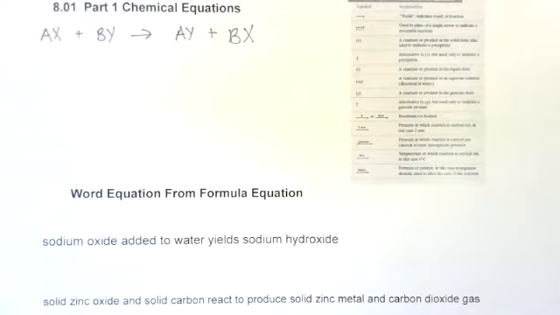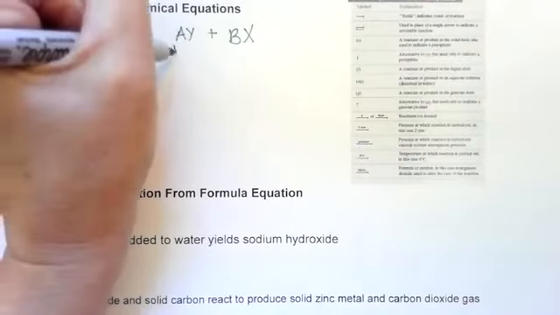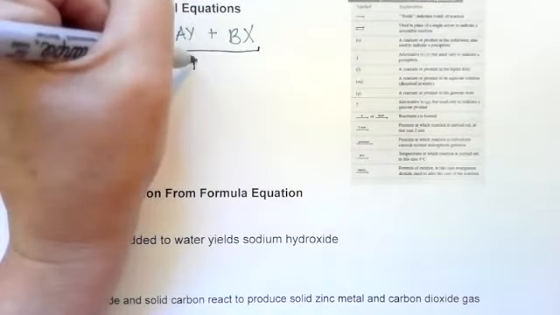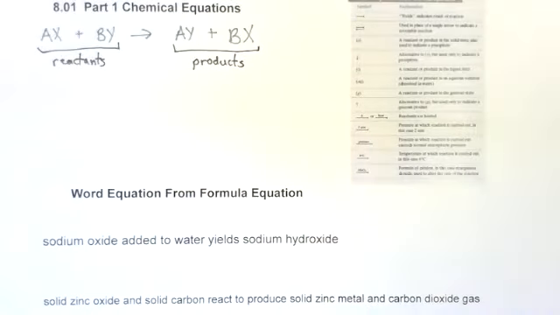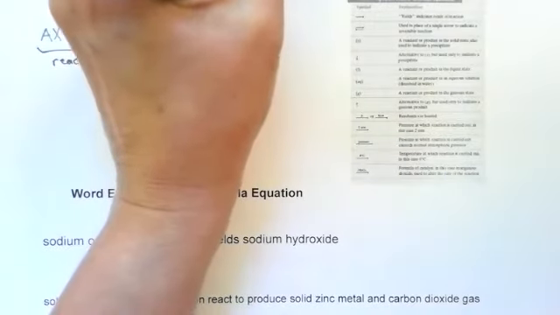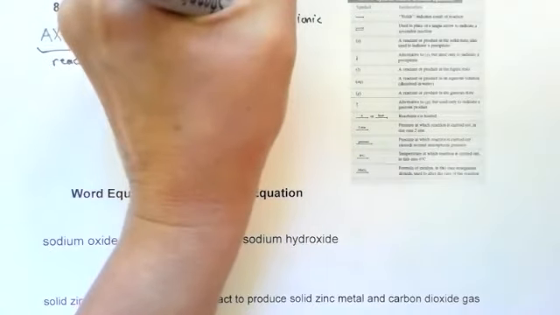What we said was, these are the reactants. These react together to form these products. And 90% of the chemical reactions that we're going to look at are going to be ionic, so we'll be doing mostly ionic compounds.